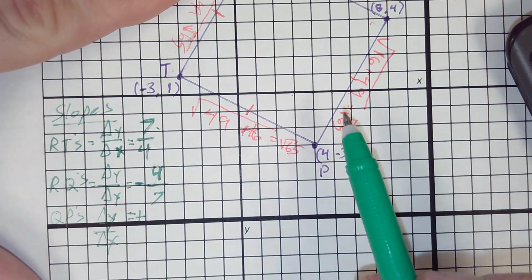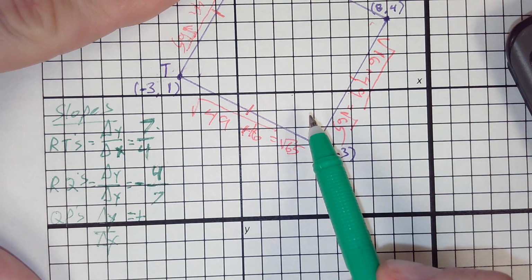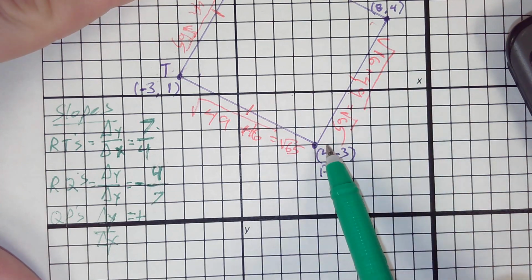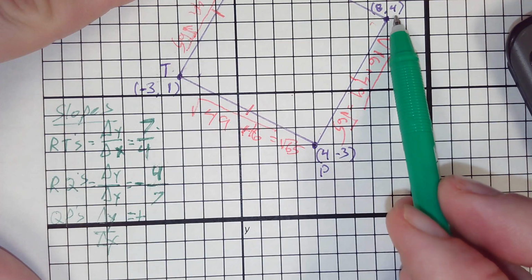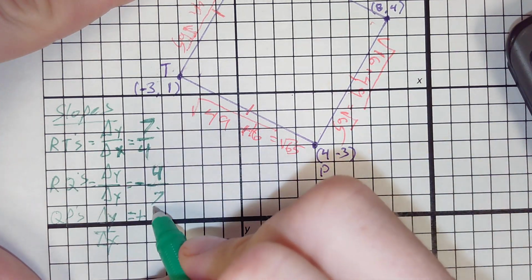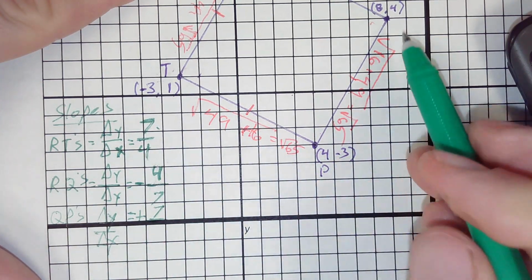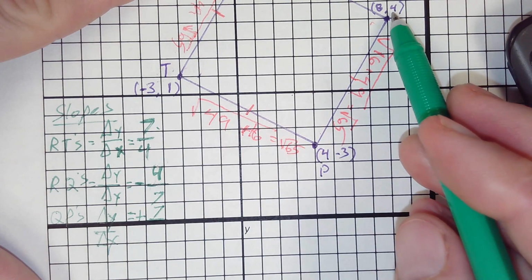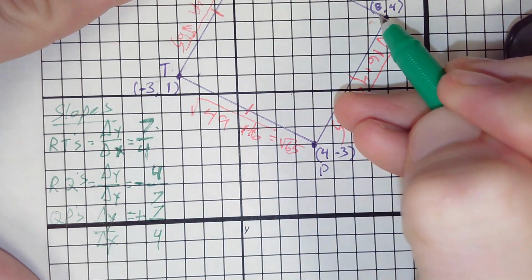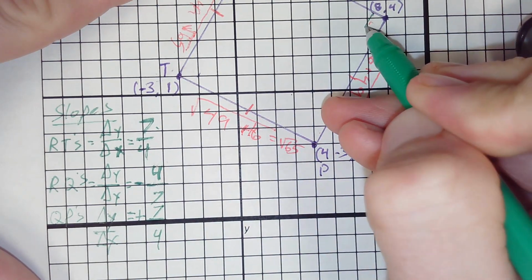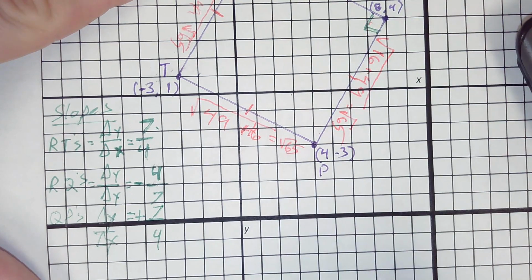Our change in y is 7, and you guessed it, change in x is 4. And you guessed it again, it is 90 degrees.